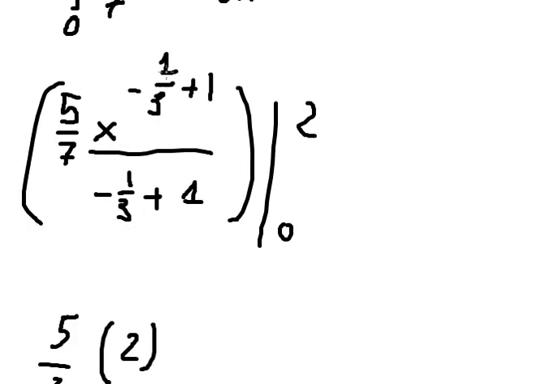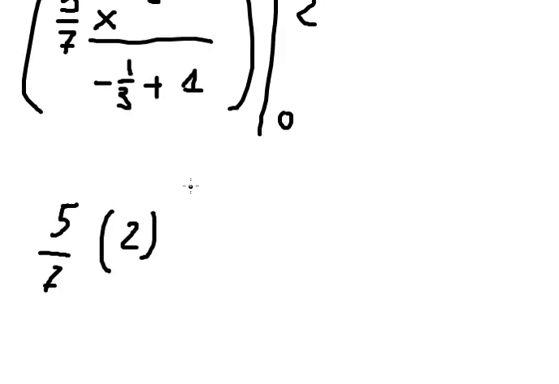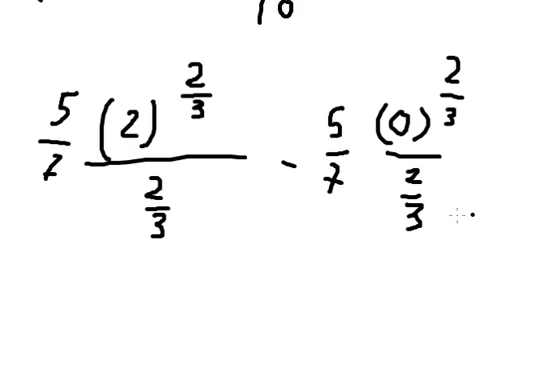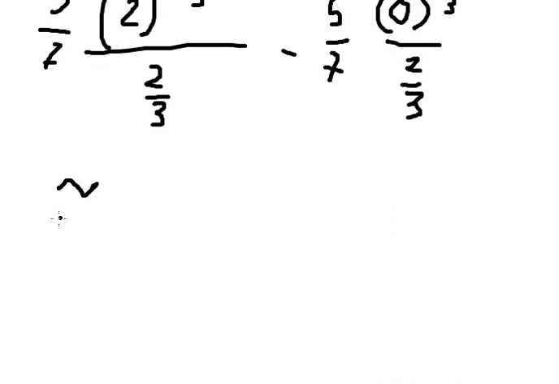So 1 plus negative 1 over 3 is 2 over 3, minus 5 over 7, and we have 0 to the power of 2 over 3, over 2 over 3. So we calculate this one, and we get approximately 1.7, and this is the answer.